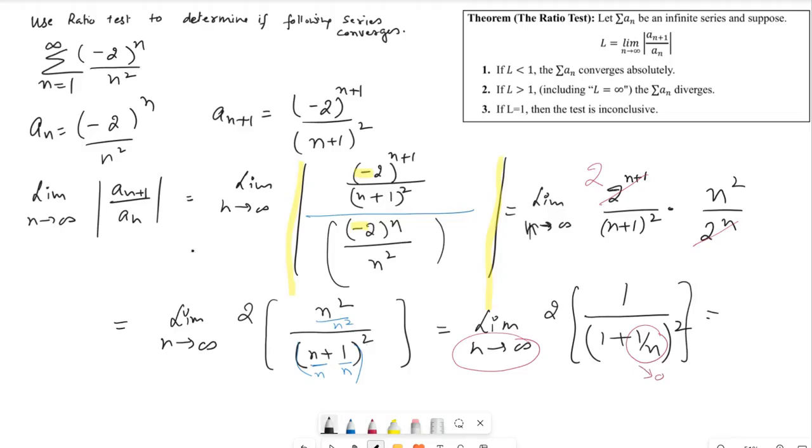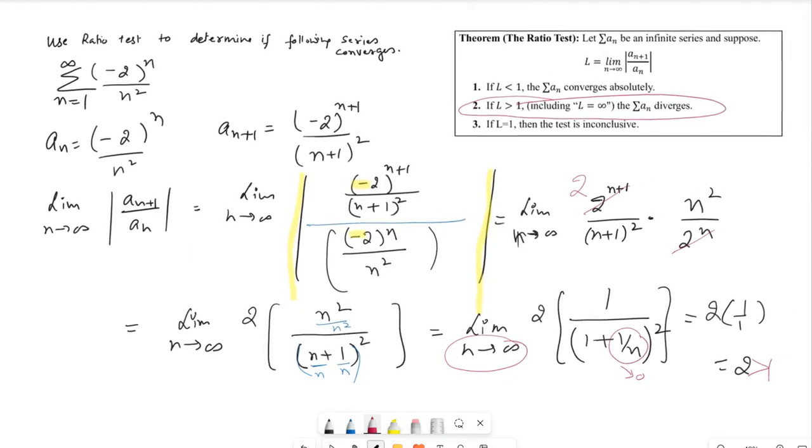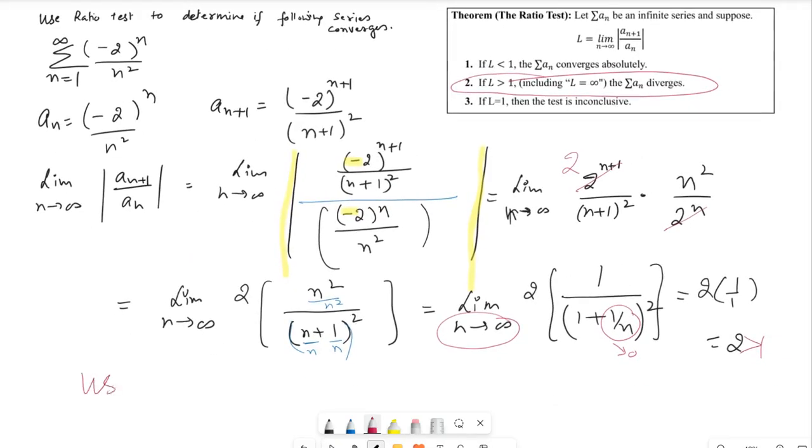So our limit is 2 times 1 by 1, basically 2. We found the limit. Now we need to check, is it less than 1, more than 1, or equal to 1? Clearly, 2 is more than 1. So that concludes what? Using the ratio test, the given series diverges.